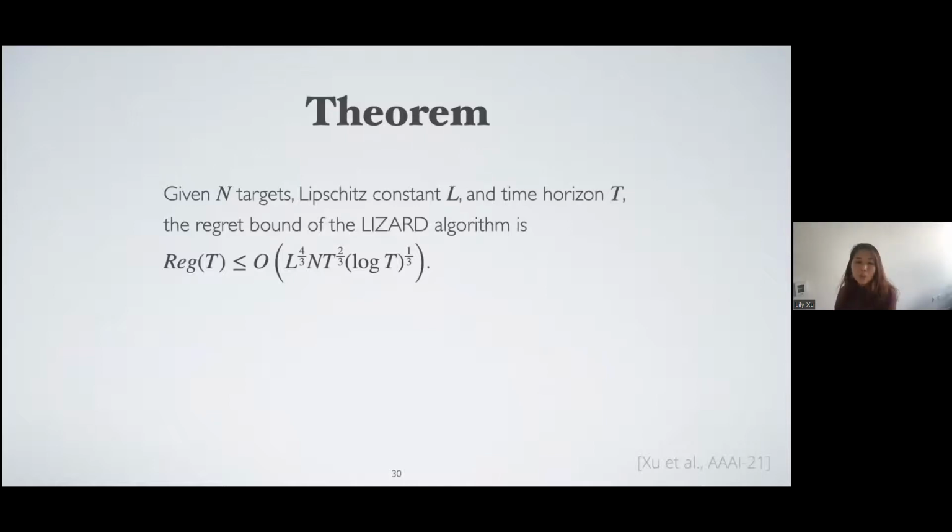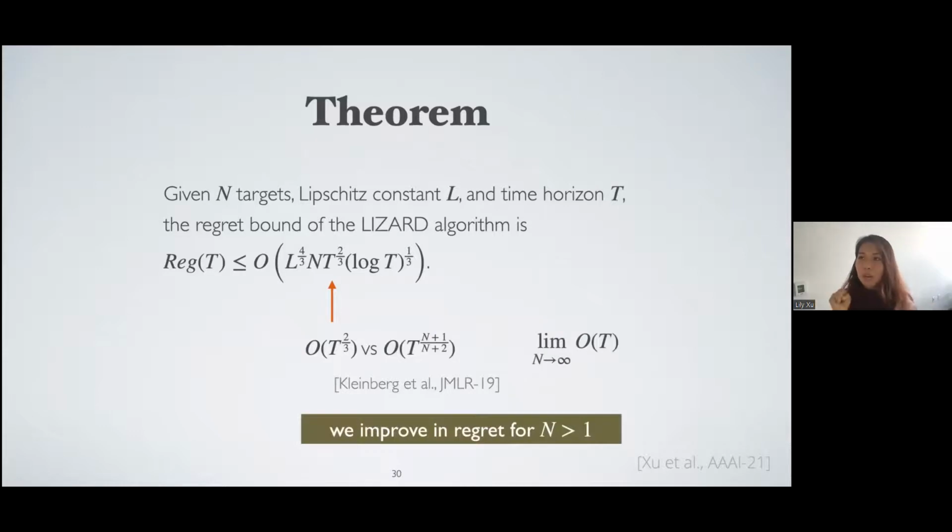And furthermore, we're able to achieve really nice theoretical results in that the theoretical regret of LIZARD is no regret. So it's sublinear at O of T to the 2/3, and this actually improves upon existing regret bounds because we're able to incorporate both Lipschitz continuity and the combinatorial nature of the problem space.